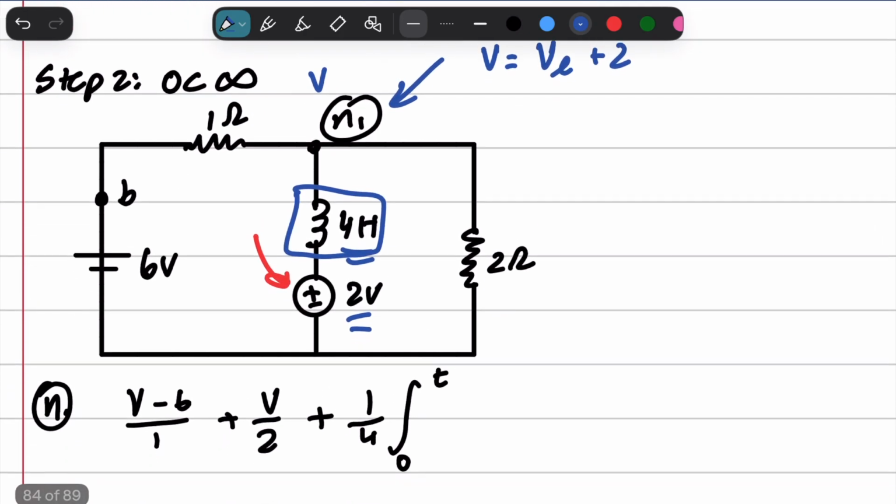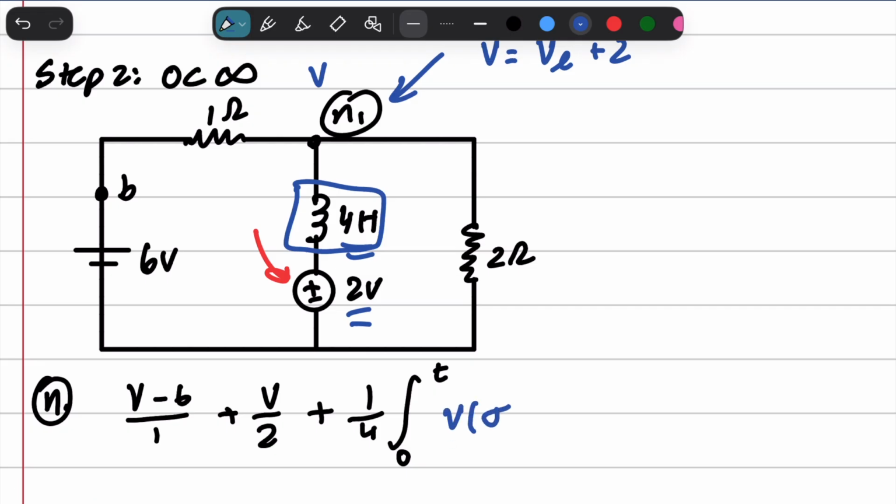And so therefore, that V of sigma that we've been doing the entire time is actually V_L of sigma. It just so happened that during our times, V equaled V sub L. But now V sub L has a 2. And so we need to find what V sub L is. And V sub L is just going to be V minus 2.